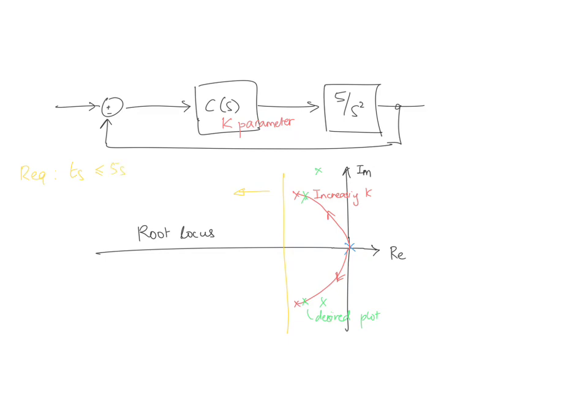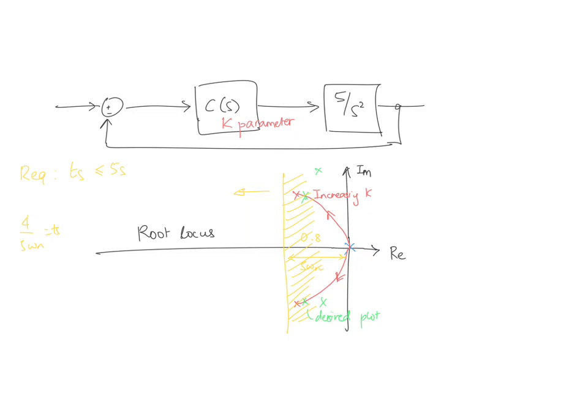Then this guy is zeta omega n, and 4 over zeta omega n is the settling time. So this distance should be 0.8, and you don't want your eigenvalues to be anywhere to the right of this. You want your eigenvalues to be somewhere here. Only those eigenvalues will satisfy the settling time of 5.